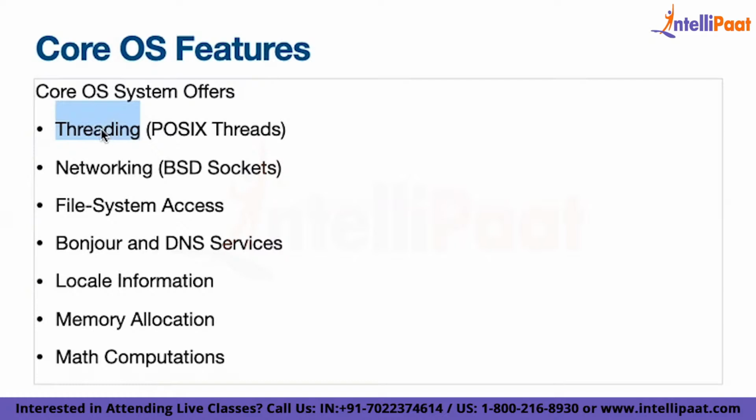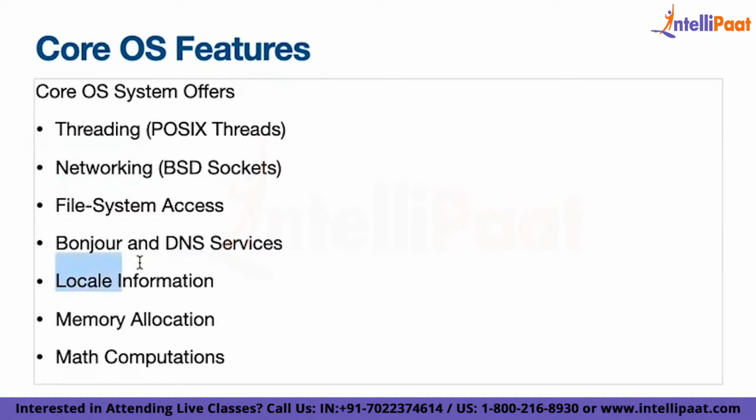We will talk about networking, communication with APIs and web services. We will talk about file system access: how does Apple allow file system access, and how is security maintained with the data of the application? We will talk about Bonjour, and we have DNS services which run the web services.